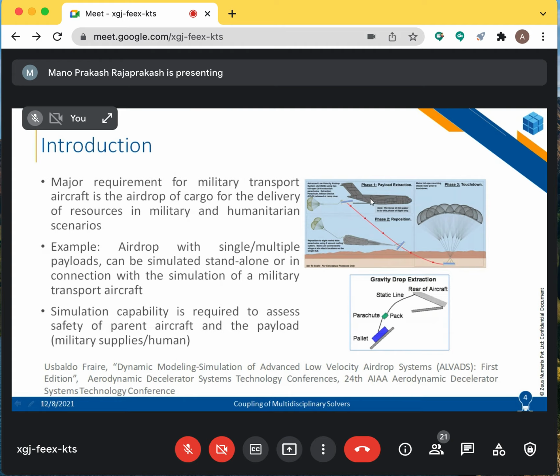So a parachute was deployed, and this parachute has actually started pulling this payload, which was well inside the aircraft. And in phase one, this is basically the extraction phase. So these two sets of parachutes are helping the payload to be extracted out of the aircraft.